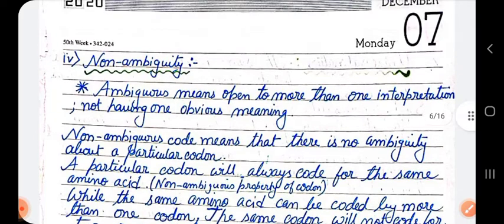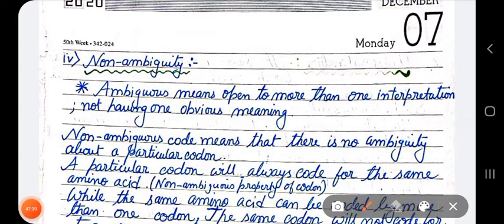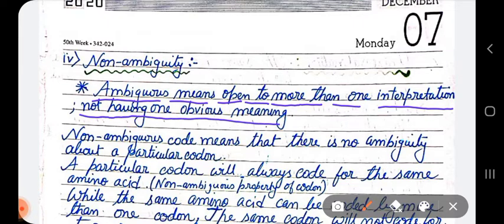First let us see what ambiguous or ambiguity means. Ambiguous means open to more than one interpretation, that is, not having one obvious meaning.